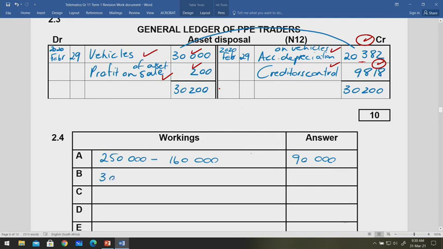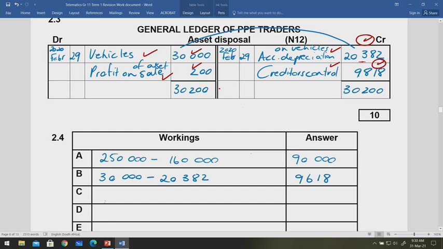That will give us the carrying value of what was sold. And the carrying value of what was sold, 9,618. And immediately that makes sense. That was the carrying value. They said we made a profit of 200 Rand, therefore we had to sell it for 9,818.